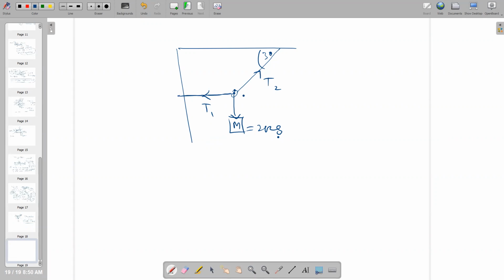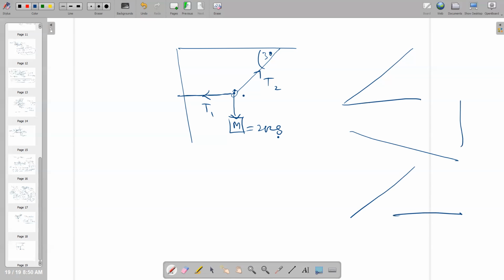So you want to find this T1. So what will you do? You will make the components of this one. And which tension will you make the component of? Only the tension which is like this one. This has only one component. This has only one component. So you can make the components like this.